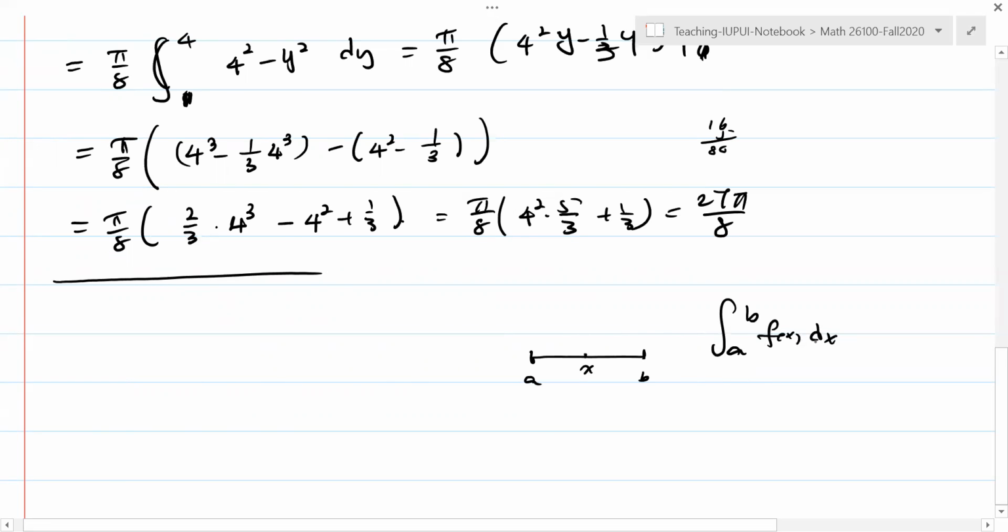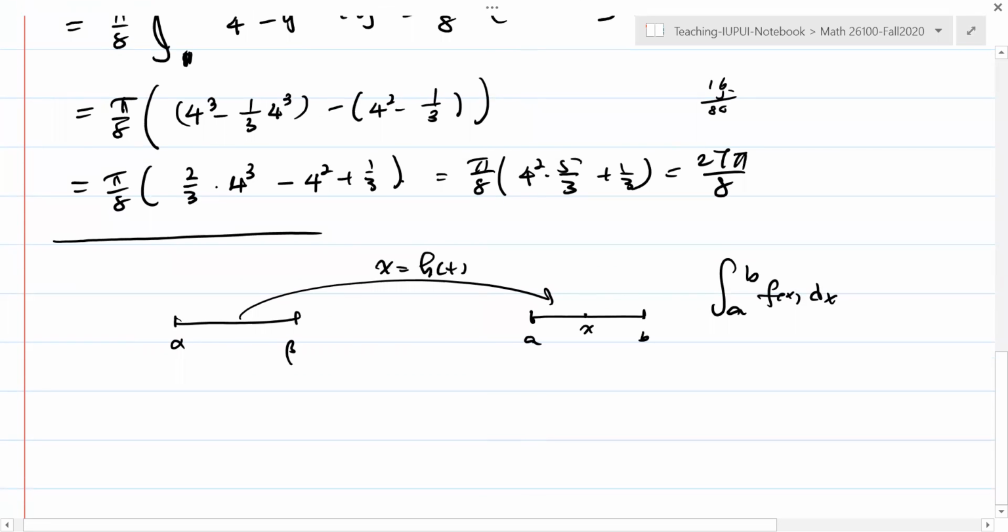The so-called substitution is, I have another interval, here's alpha beta, and they have a map. Let's say x is going to be h of t, for example. Also we assume, just to make it simpler, A is going to be h of alpha, B is going to be h of beta.